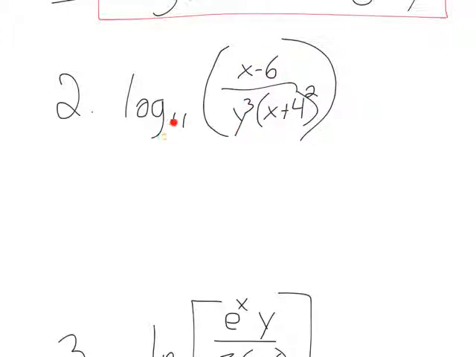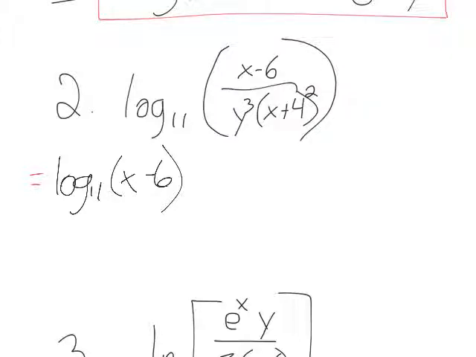All right, this is log base 11. I know that looks kind of funny. So what we'll do here is, we will have 1 from the top, log base 11 of x minus 6. That's out of the numerator, okay? And then I have 2 of them in the bottom.